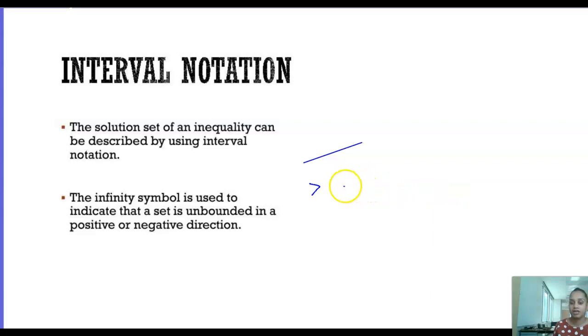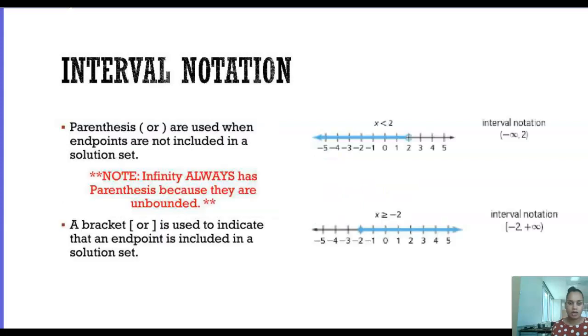So that would be positive infinity. And if it's less than, then of course it's getting negative and smaller forever. So that would be negative infinity. Practice writing those infinities. They're like a sideways 8. That's what people say. So this is what it looks like.